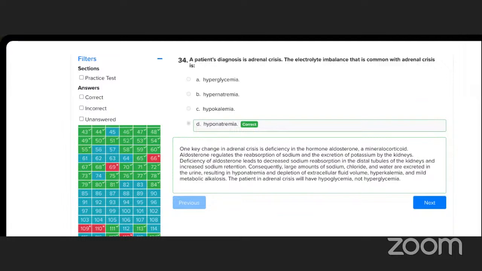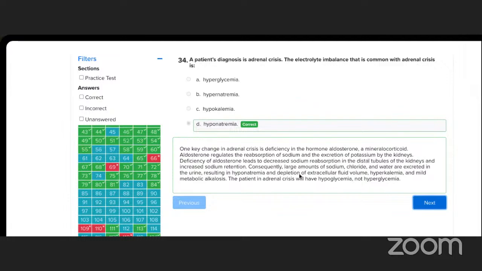We're moving quickly. 34, and 35 is the next question. Did you read why, in adrenal crisis, the electrolyte imbalance is low sodium? Aldosterone regulates the absorption of sodium and excretion of potassium.